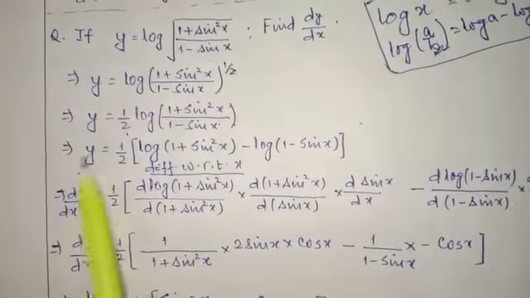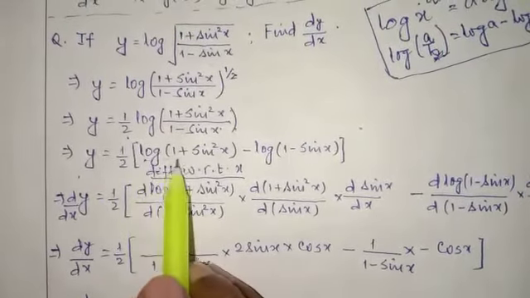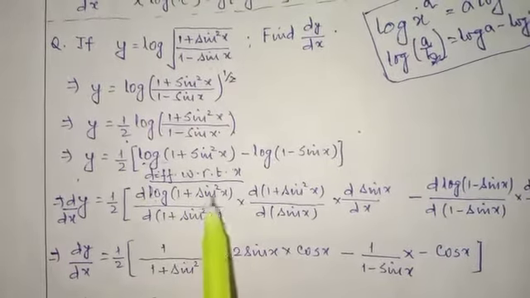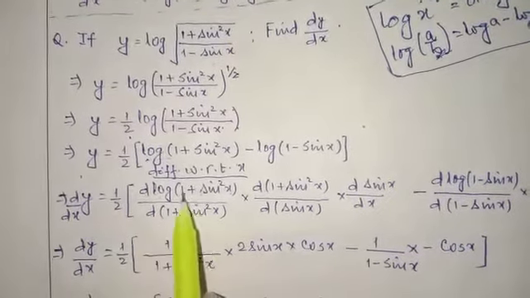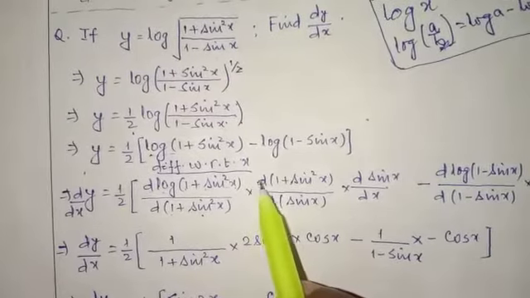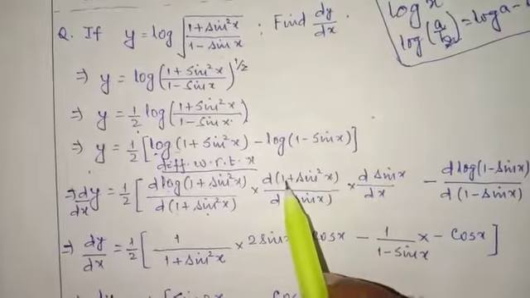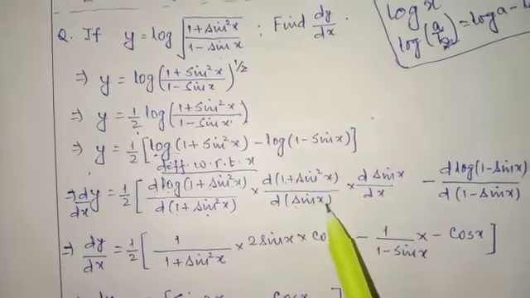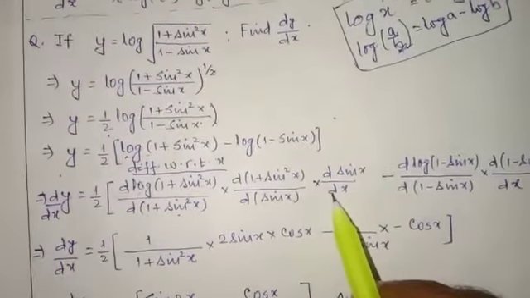So dy upon dx, 1 by 2 is here. Write down the chain: d of log 1 plus sin square x. The first term log is omitted here. How much is left? d of 1 plus sin square x, the same thing is multiplied in the numerator. d of 1 plus sin square x: 1 is constant, so the power is left. So d of sin x into d of sin x upon dx.